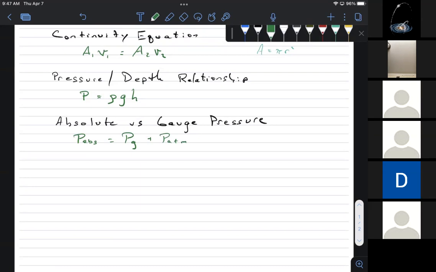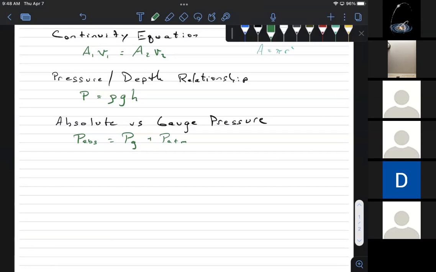Okay, so what this means is if a scuba diver goes 10 meters under the water, what pressure does the scuba diver feel? Well, the answer to this question depends on exactly what it is you mean.